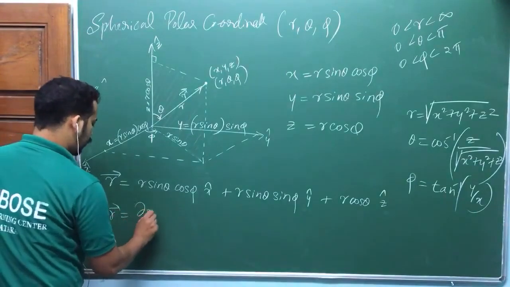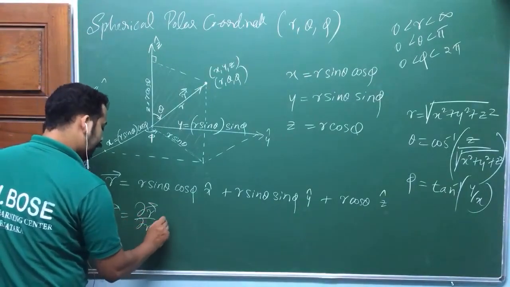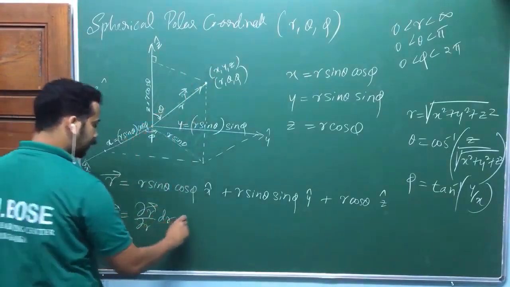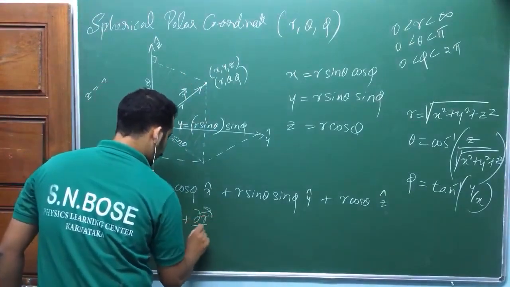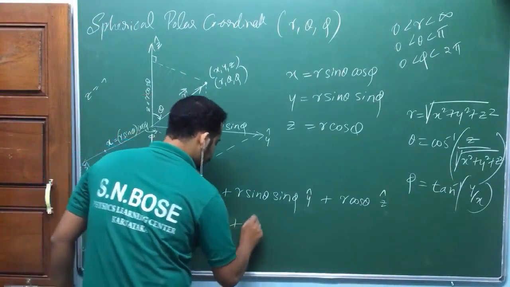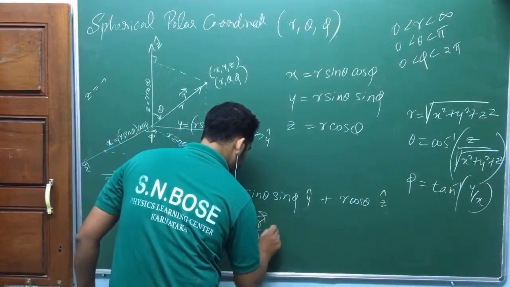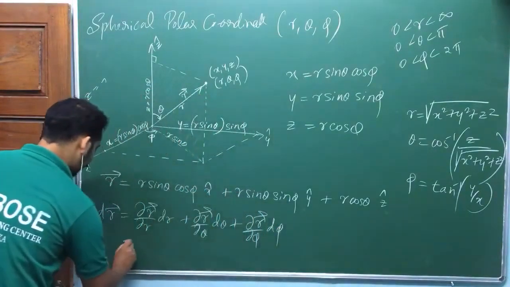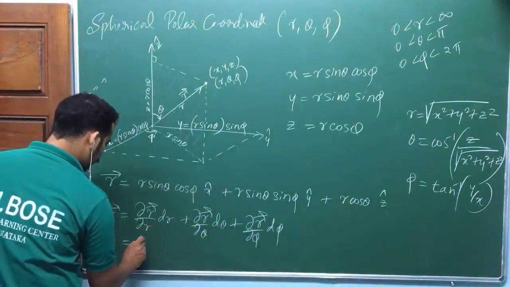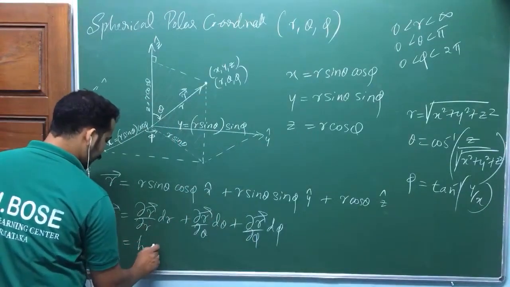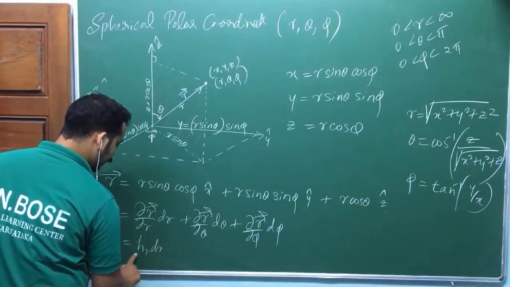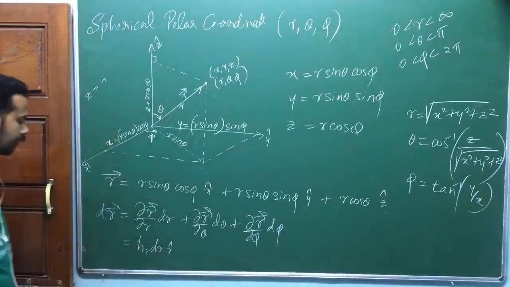What is dr vector? Dou r by dou r into dr, one of the coordinates, plus dou r by dou theta into d theta, plus dou r by dou phi into d phi. So that can be written as, I think this one we have written as hr, am I right? hr dr into r cap, unit vector along r cap, isn't it?